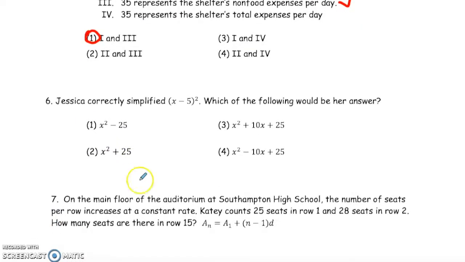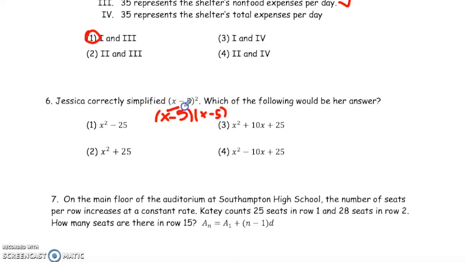Jessica correctly simplified (x minus 5) squared. All right, do not fall in this trap. Remember, you have to expand and multiply. So (x minus 5) squared is really (x minus 5) times (x minus 5).